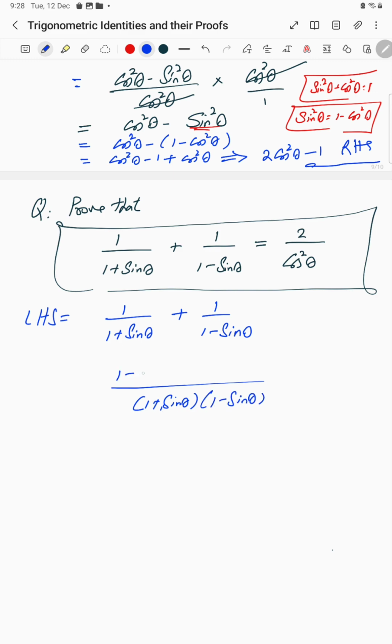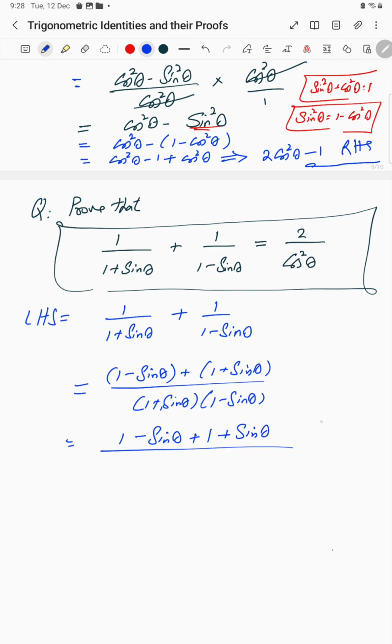And you know the cross multiplication will take place, sine theta plus 1 plus sine theta, simplify it, and in the denominator you can apply the identity 1 plus times 1 minus. What was the identity?